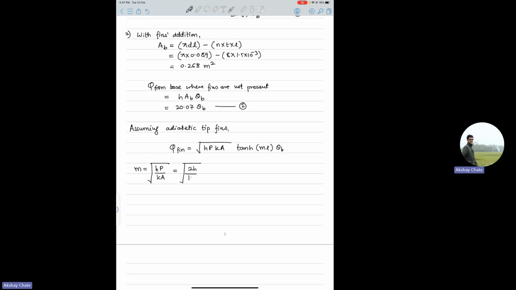Two H by KT. And if you do that, you should get M value as 47.14 per meter. So it's an inverse length unit. Okay.